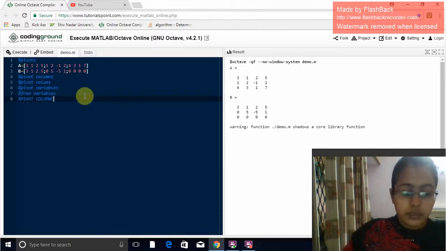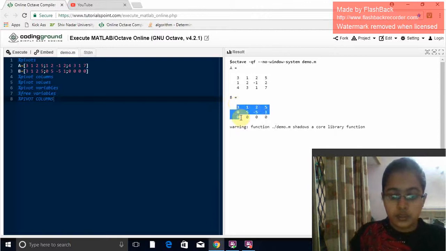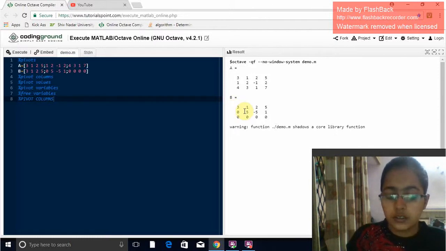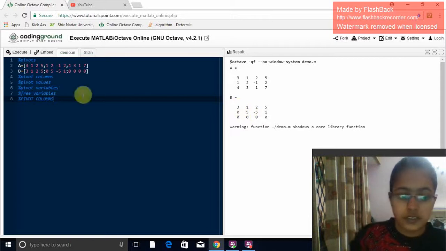What are pivot columns? The columns in which the non-zero entry is there. Here, first column and second column, because the non-zero entry of the first row is 3 and the non-zero entry of the second row is 5. 3 is in the first column and 5 is in the second column.